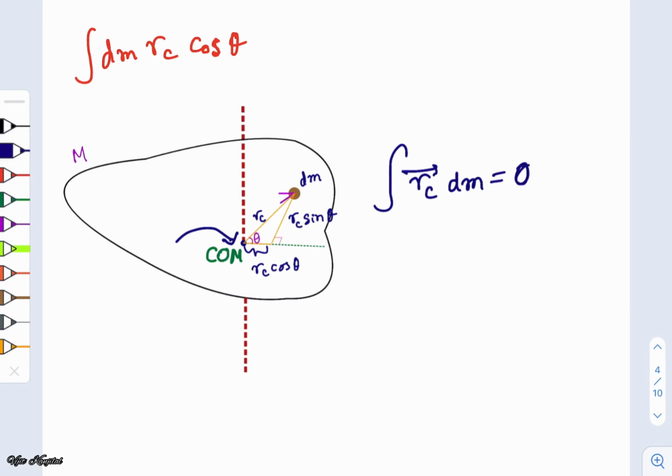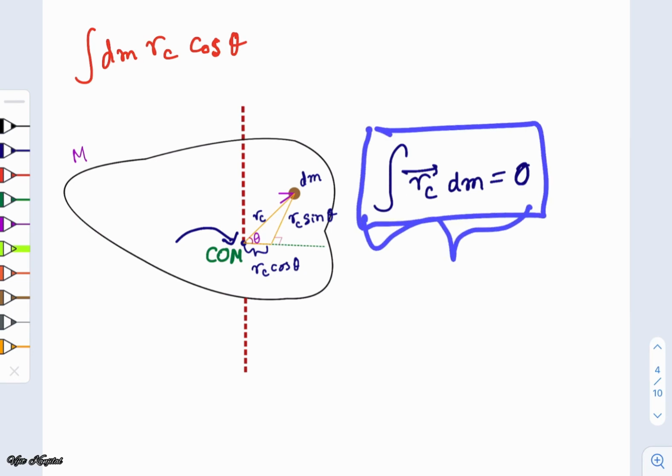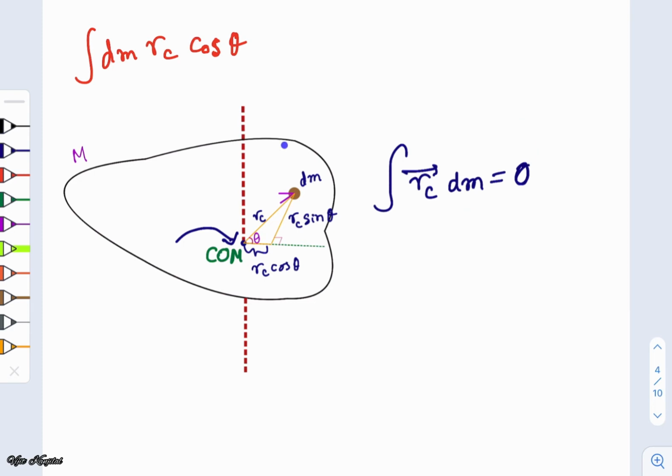That is, if we consider lots of elemental masses located at radial distances rc, then the integral, that is this particular equation, generated by considering all the elemental masses in this rigid body located at various radial distances, would lead to 0.